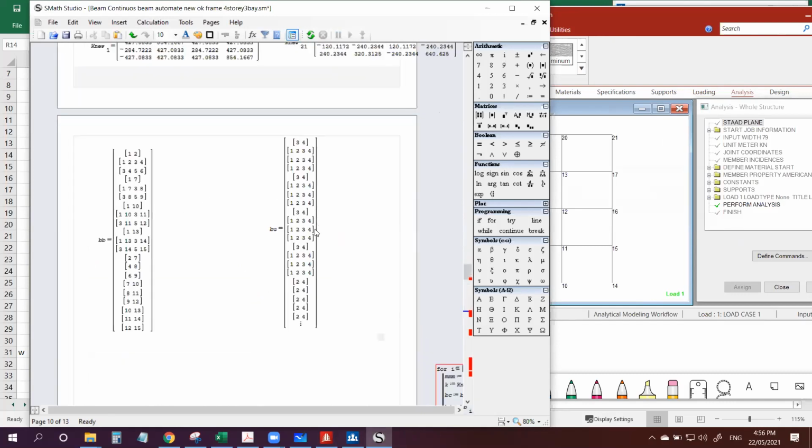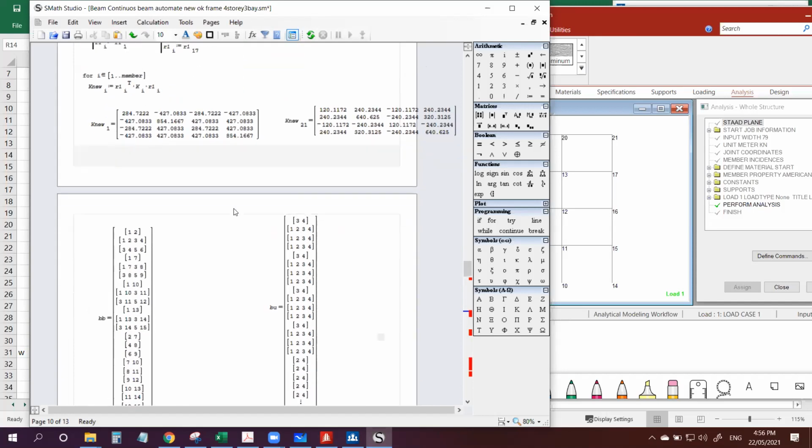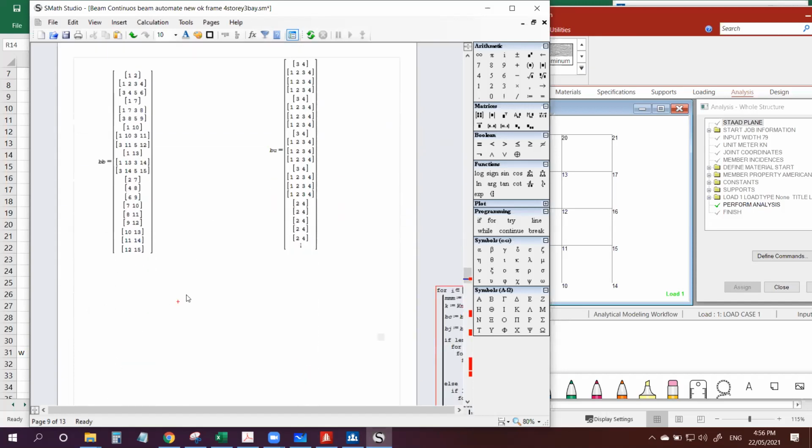My guess is in the BB matrix, most likely. I need to update the BB matrix because size of BU is equal to... delete.